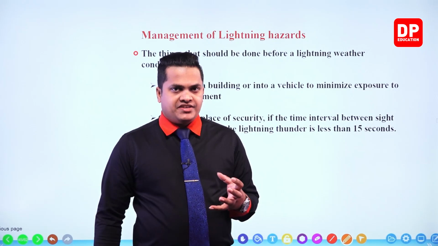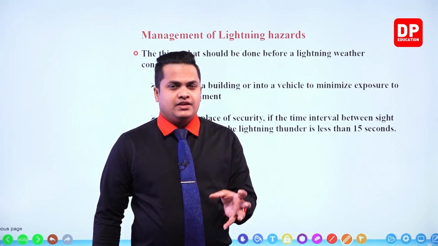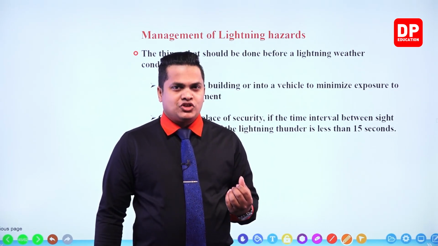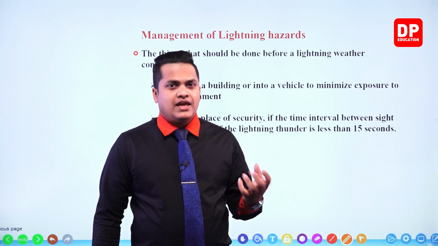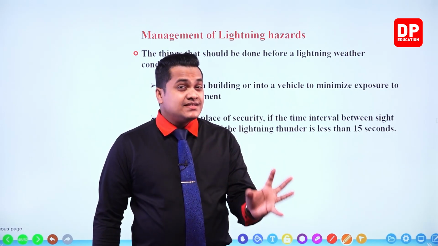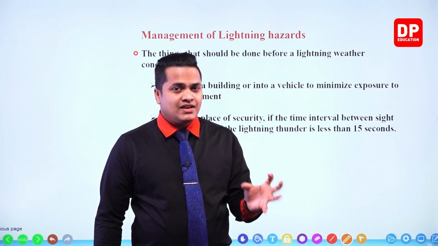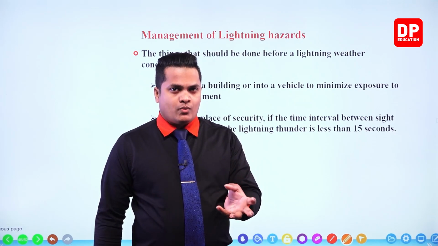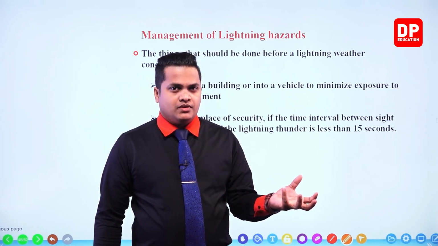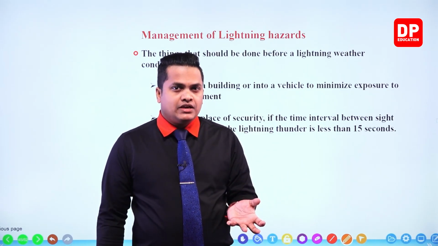A vehicle is going to behave like a Faraday cage. A Faraday cage is something that can repel electrical charges. So a vehicle is like that, but you should be inside the vehicle, not outside. Inside a vehicle, my dear children, especially a car or a van or any kind of vehicle like that, it should be a four-wheel vehicle, right?